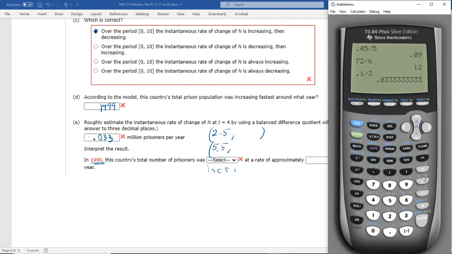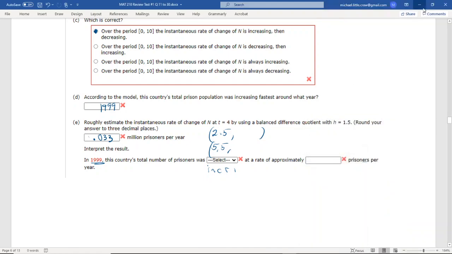I take that times 1,000,000, which is 1 with 6 zeros, 1, 2, 3, 4, 5, 6. So that's about 33,333 prisoners per year. All right.